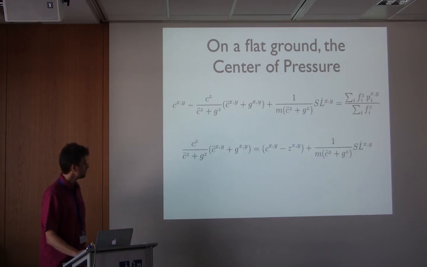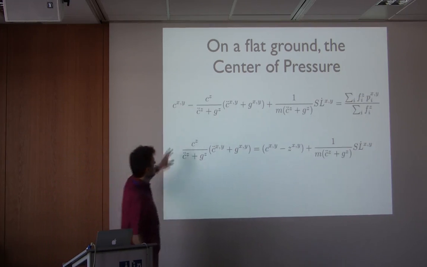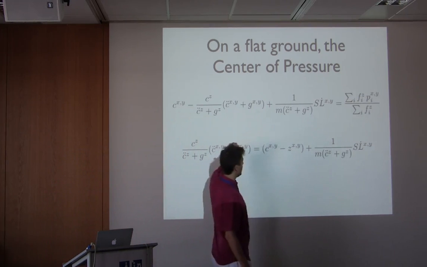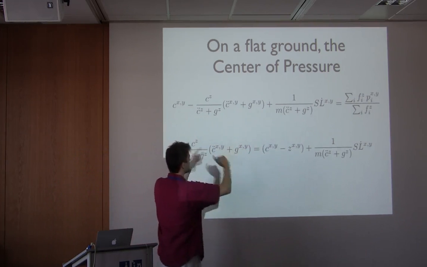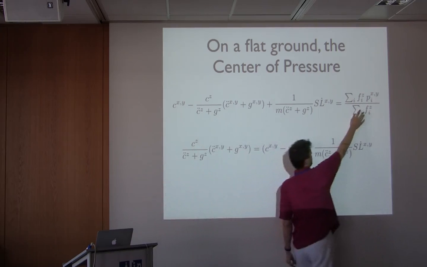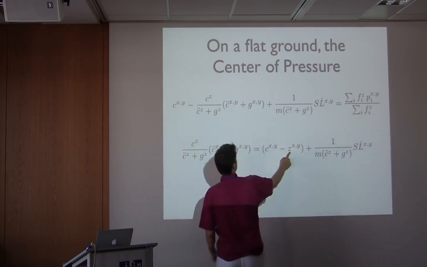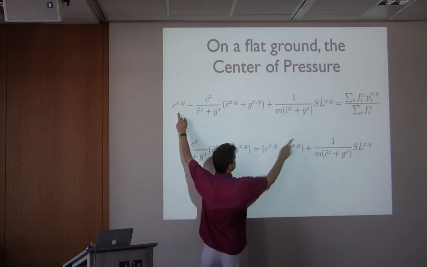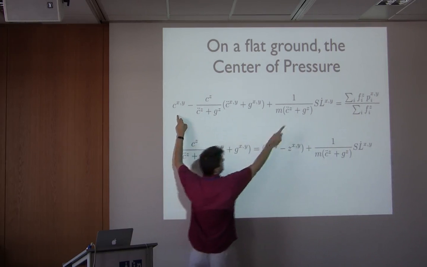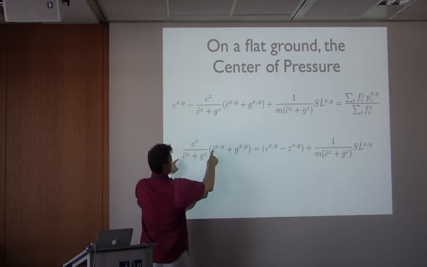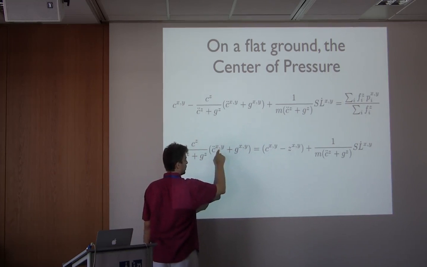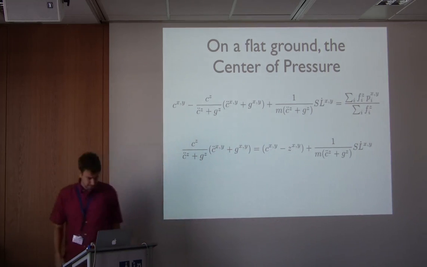Okay, so we have this equation here, and here I just rewrote it, redispatching the terms. I call this Z now, Z, X, and Y. So I consider C minus Z plus this angle here, and then here I have the acceleration along X and Y of the center of mass.